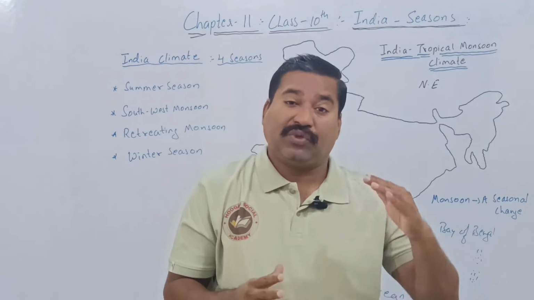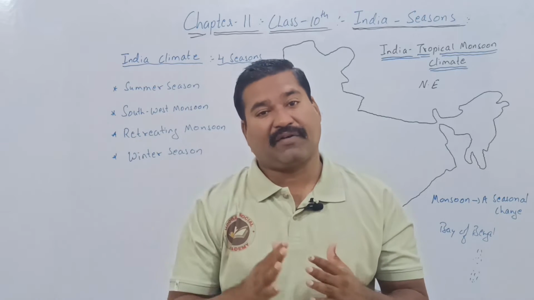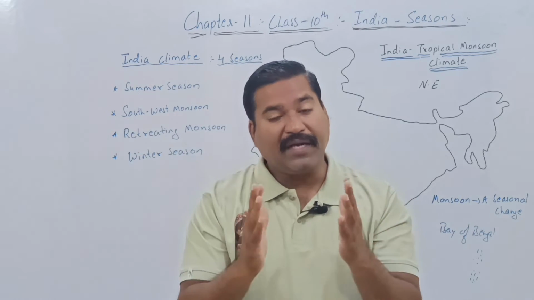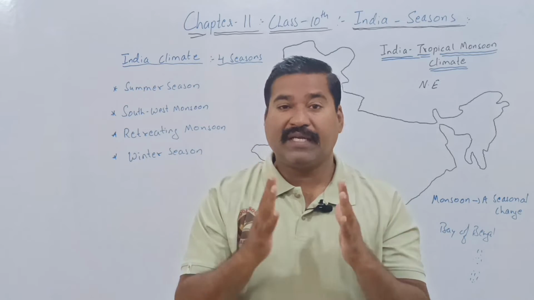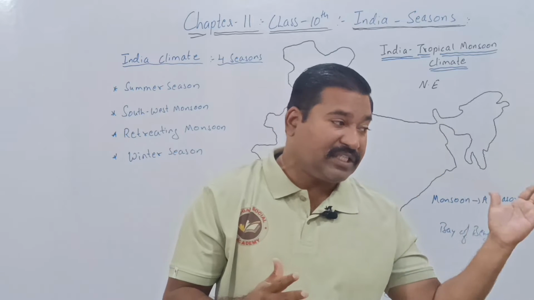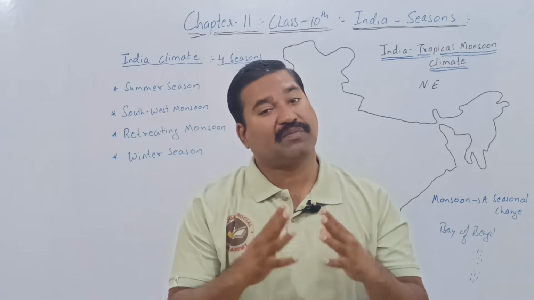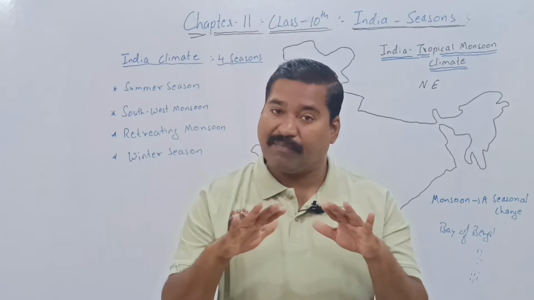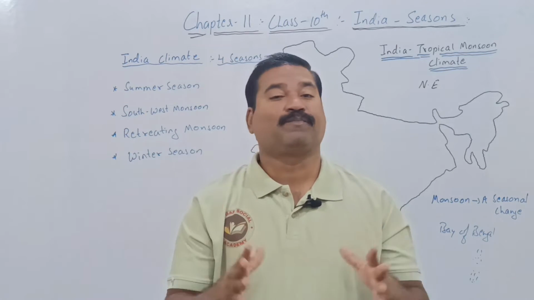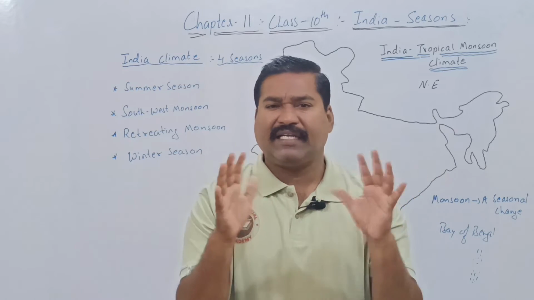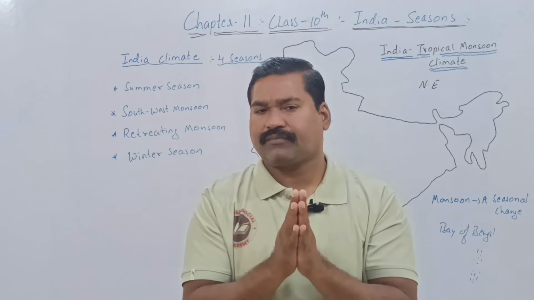Towards the western part there is a huge desert area. Towards the peninsular plateau, there are mountains as well as forest area. Towards the eastern part, forest plus mountains, and toward the central part of India, plain surface area. So this shows that everywhere the land is not the same.